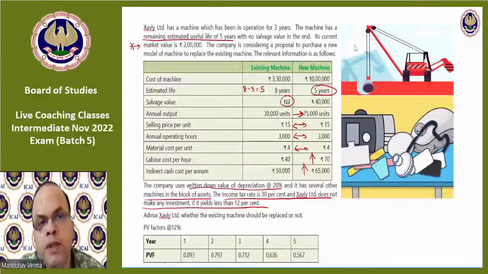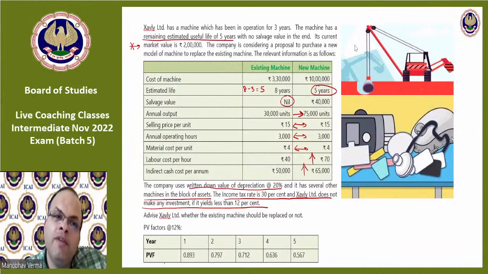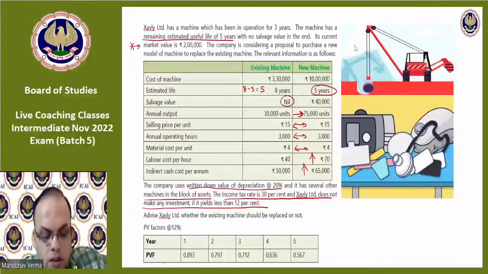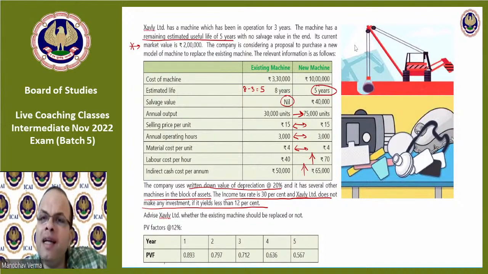When you are buying the new machine today, you will be selling the existing machine at its current market value, Sudhanshu, which is given to us as 2 lakhs. Then why 10 minus 3.3? 10 minus 2 lakhs, na? Please read the question on the top.